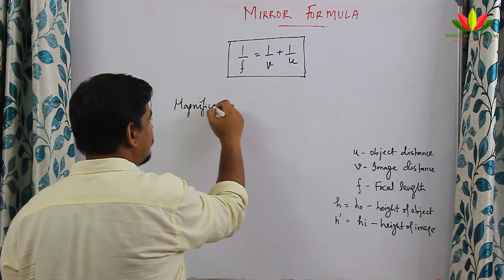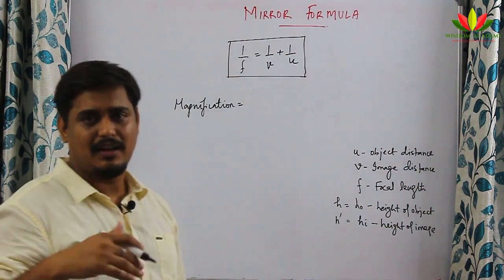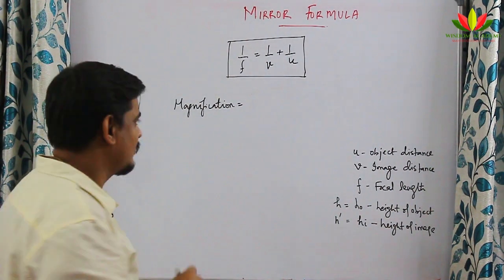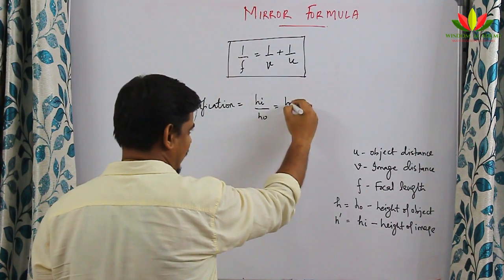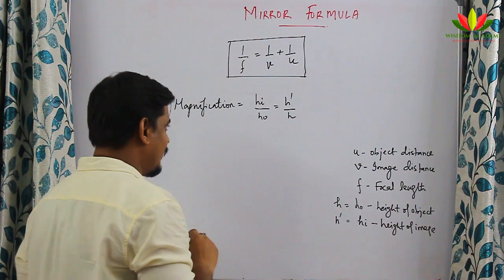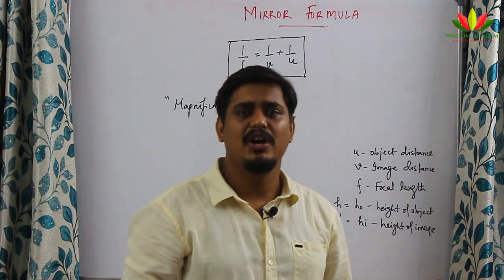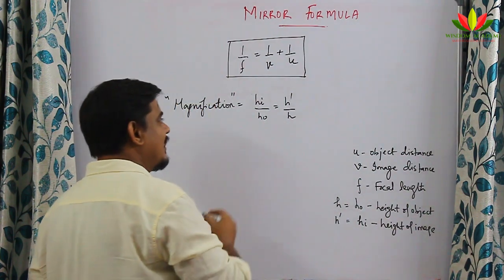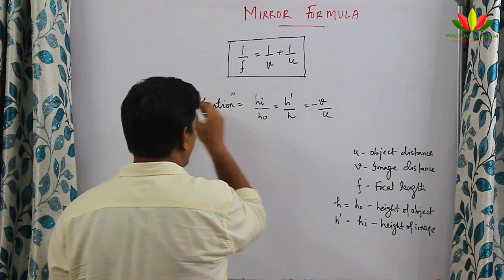Magnification means the ratio of the height of the image to the height of the object, so hi by ho, also called h dash by h. If they ask you what is magnification, it is the ratio of the height of the image to the height of the object, and the formula is h dash by h is equal to minus v by u. This is the formula of magnification.